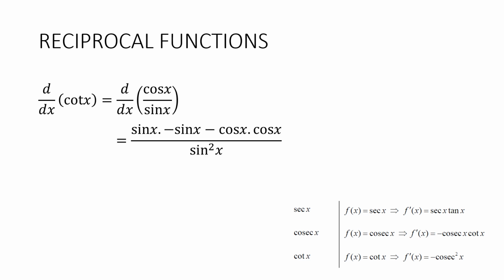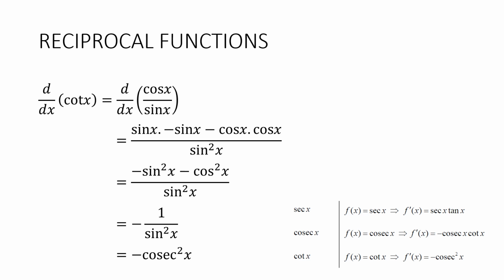So this is v multiplied by u dashed, take away u multiplied by v dashed, all over v squared. Tidying up the numerator, we end up with negative sin squared x, take away cos squared x, and that's negative 1. Think about factorising that negative out. So we end up with negative 1 divided by sin squared x, which of course is negative cosec squared x.